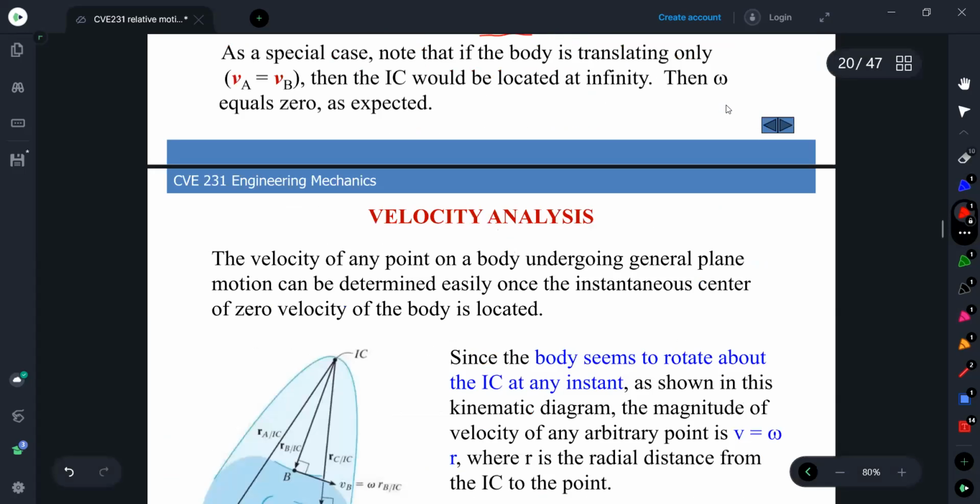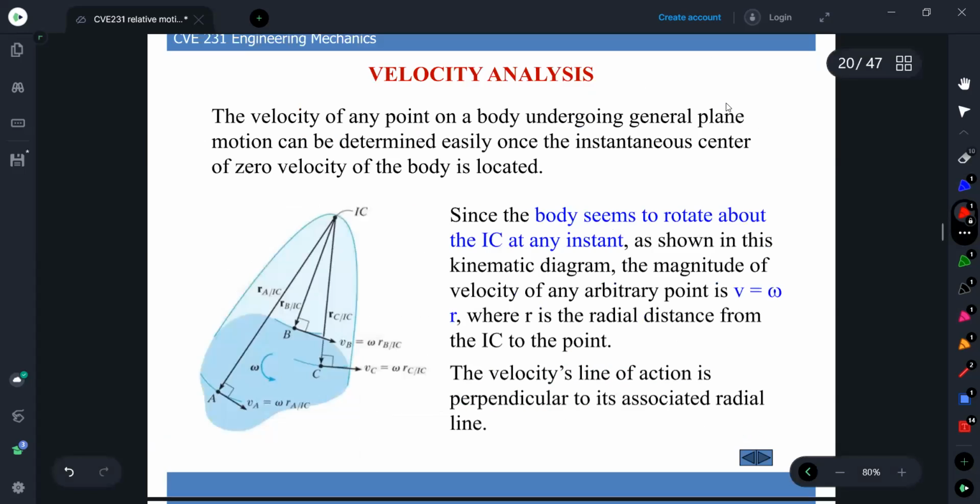The velocity of any point on a body undergoing general plane motion can be determined easily once the instantaneous center of zero velocity of the body is located.